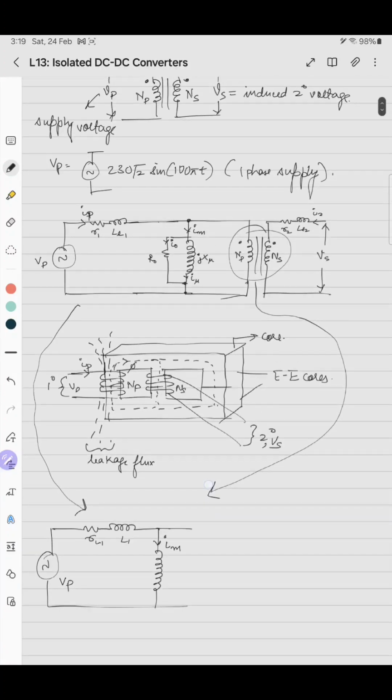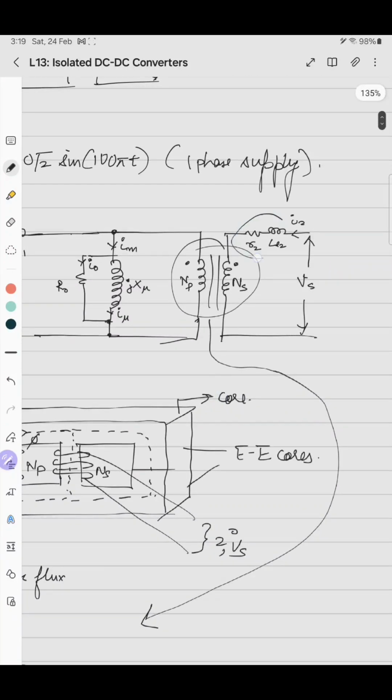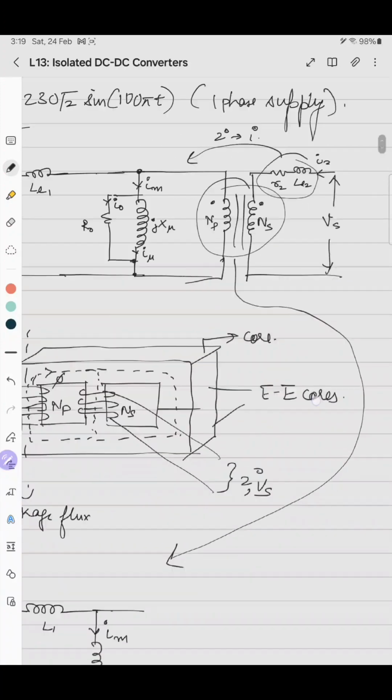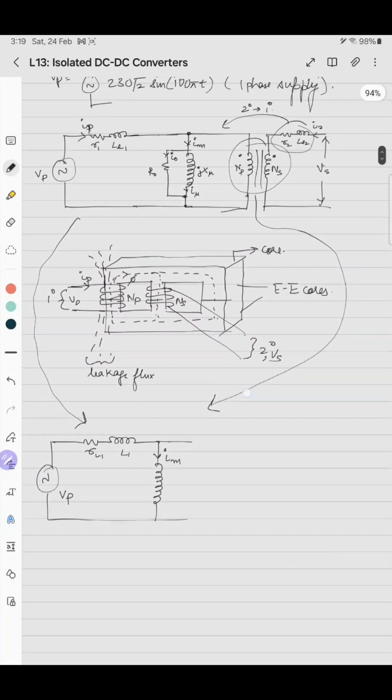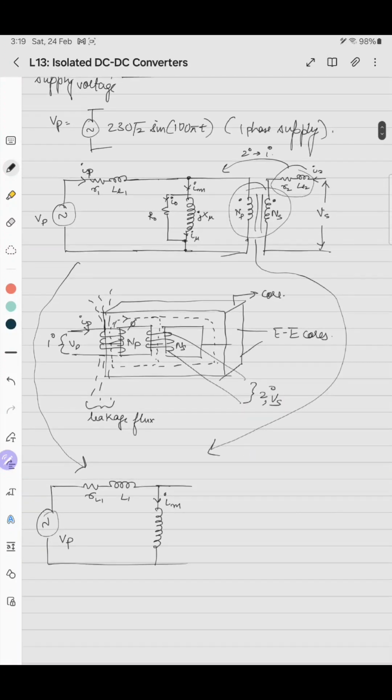Then if you want to get rid of this component, you have to transfer it from secondary to primary.